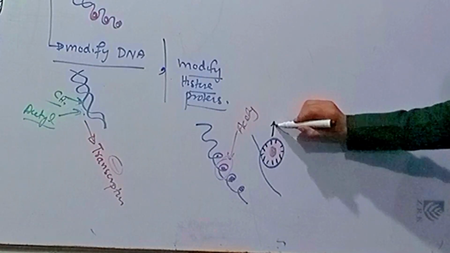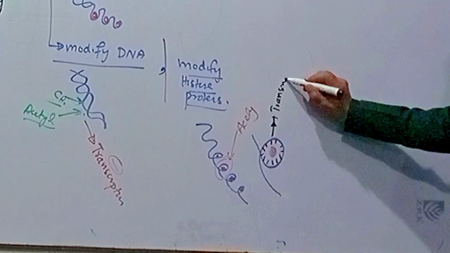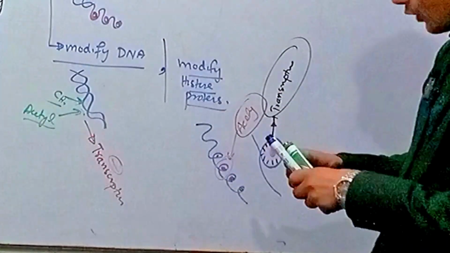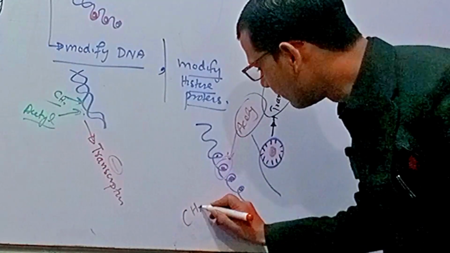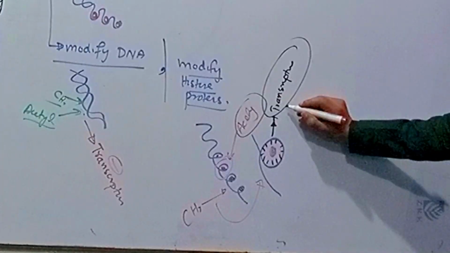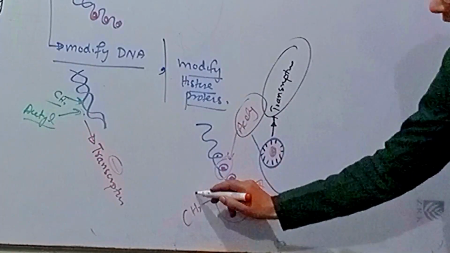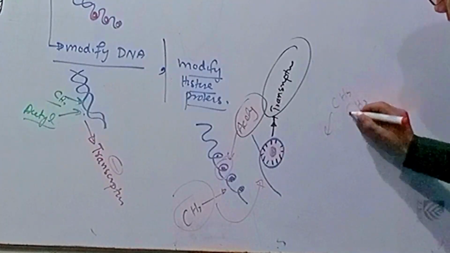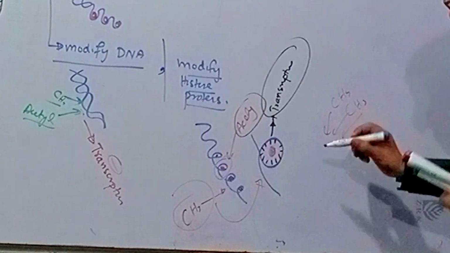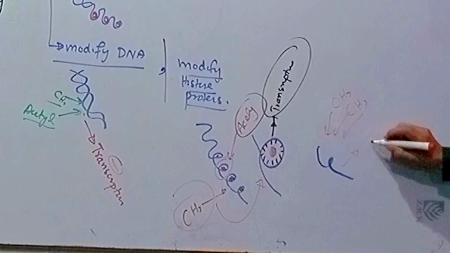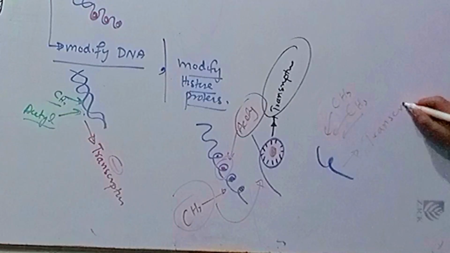So if we want to enhance the transcription, we can add an acetyl group, right? Like this, if we add one methyl group, the same phenomenon will take place and transcription will be enhanced. But if we add more than one methyl group to this DNA, it will become more tight like this, right? And in this case we can prevent transcription.